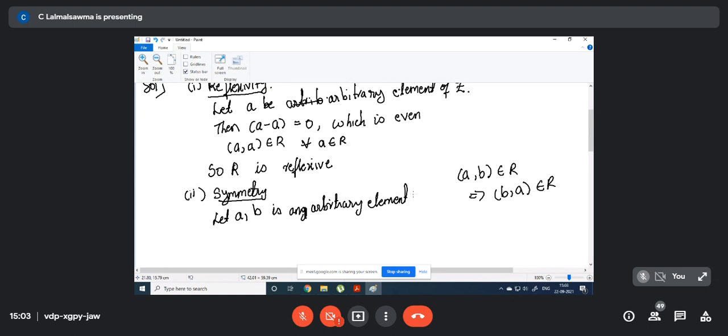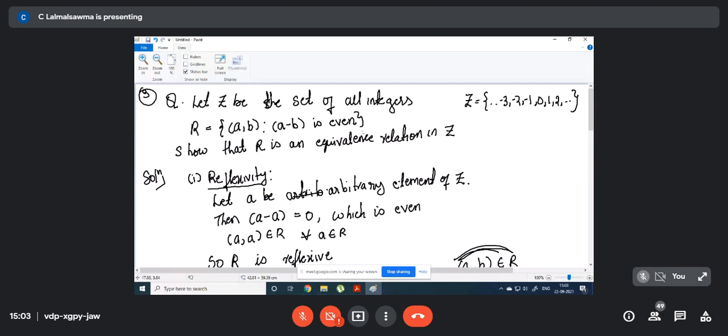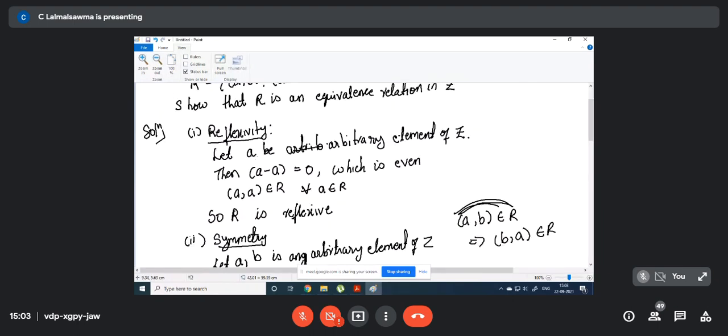element of Z. In symmetry, first we assume this property is true, such that (a, b) belongs to R. From the equation, (a, b) such that a minus b is even.